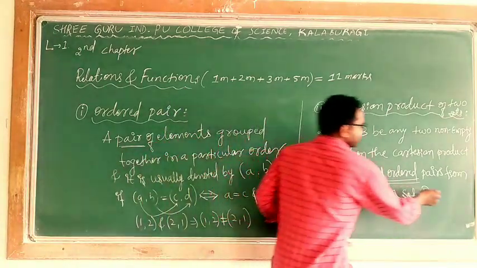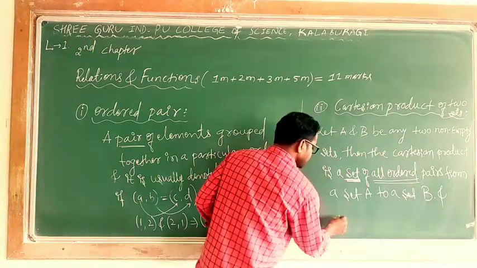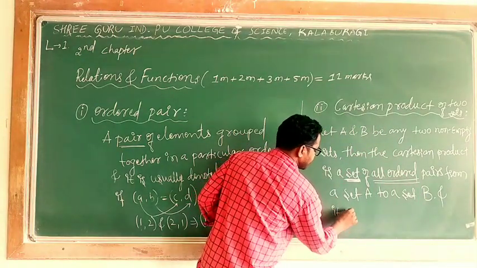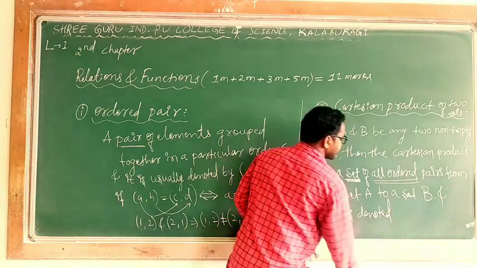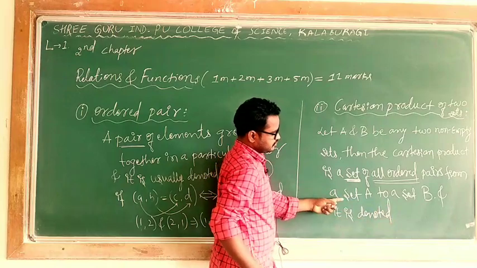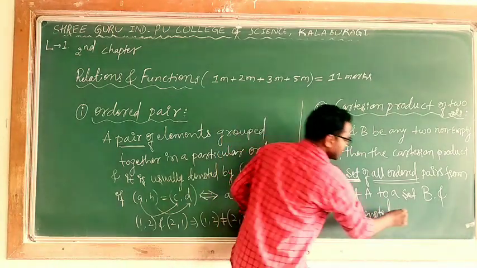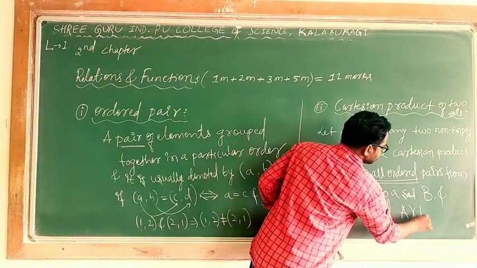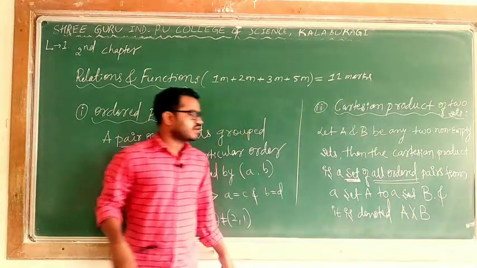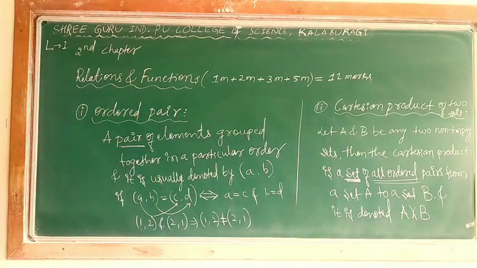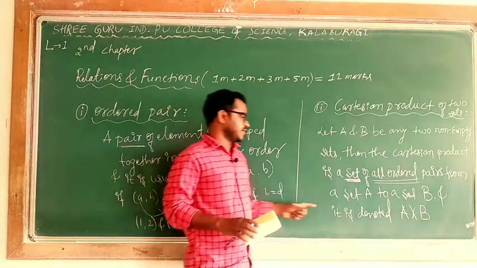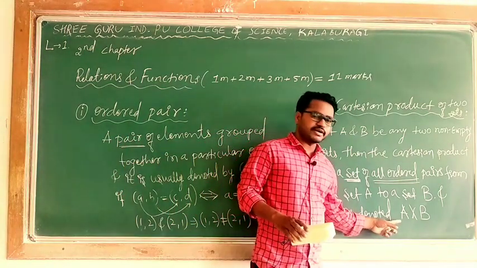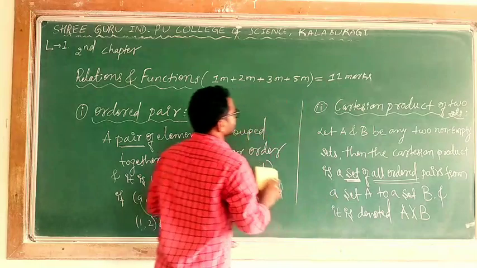It is usually denoted by A cross B when we say the Cartesian product from set A to set B. When you say from set B to A, I can say B cross A. Whenever you say the Cartesian product of set A to set B, it is A cross B. This is the definition of the Cartesian product.